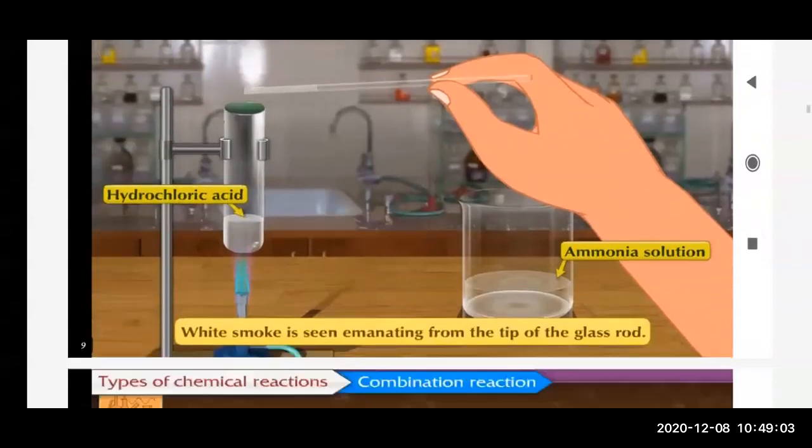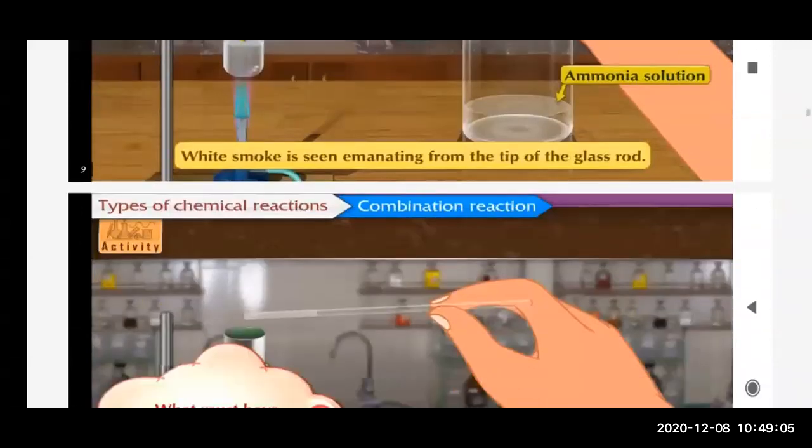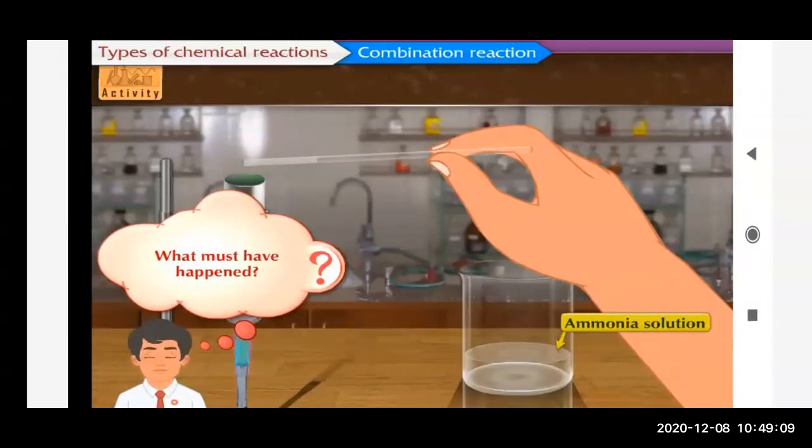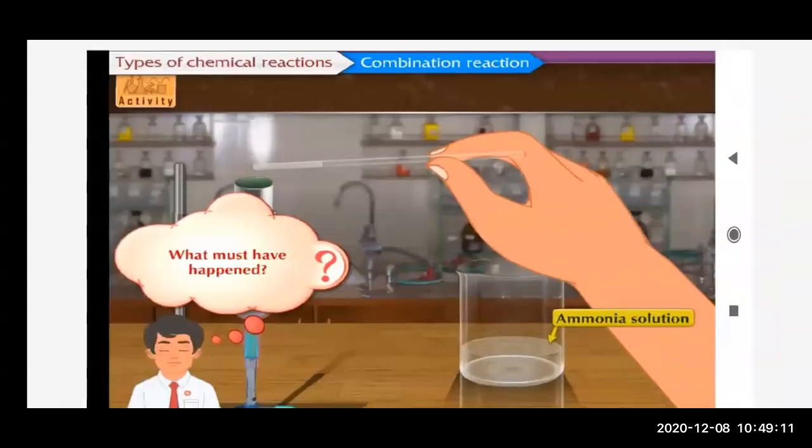Now the second question is, what must have happened? What must have happened that we see a white smoke coming out from the tip of the glass rod?